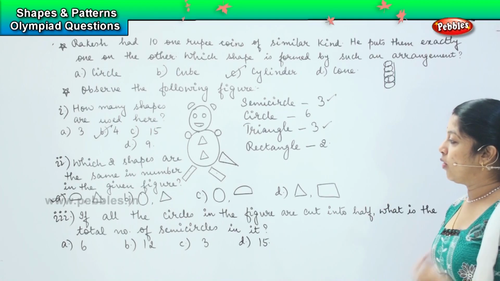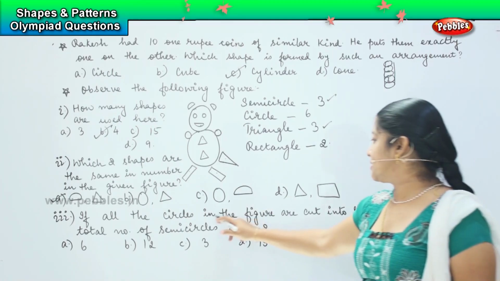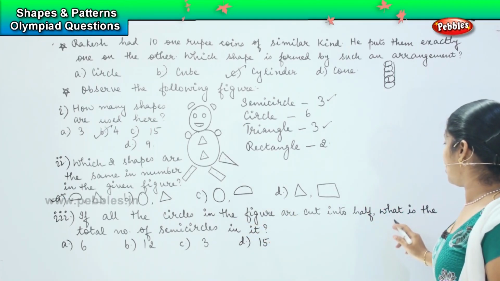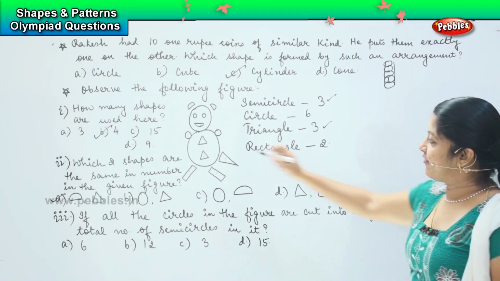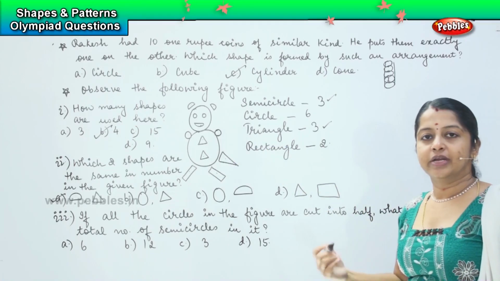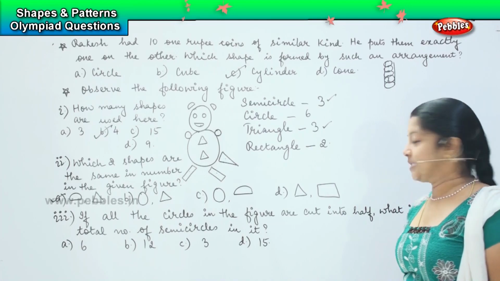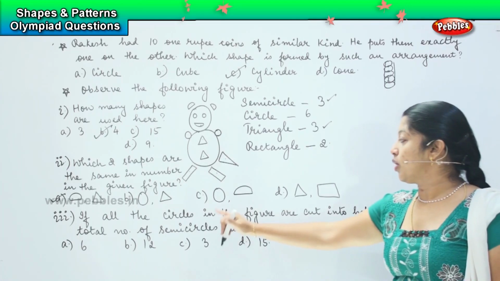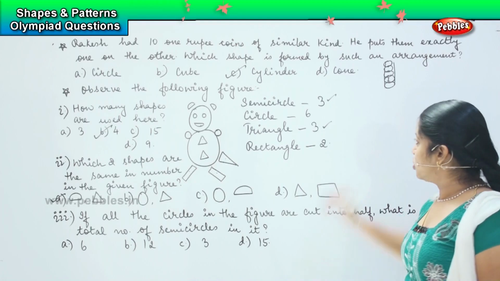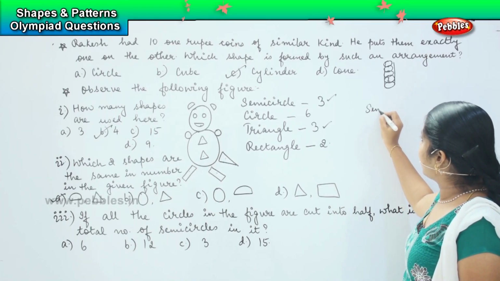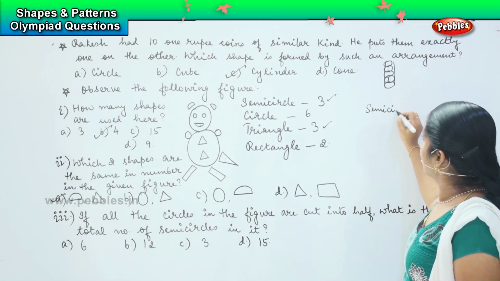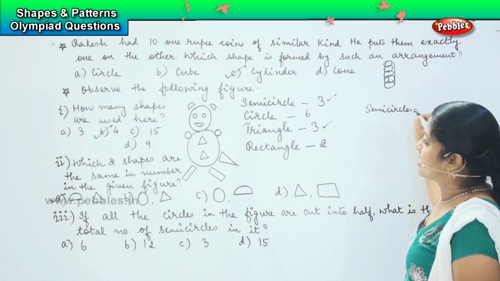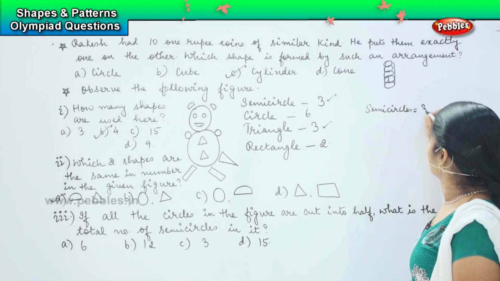Okay. Now, if all the circles in the figure are cut into half, which means if I am dividing the circle into half, naturally it will become a semicircle, right? What is the total number of semicircles in it? So how many semicircles do we already have, children? The given semicircles are already 3. Okay.